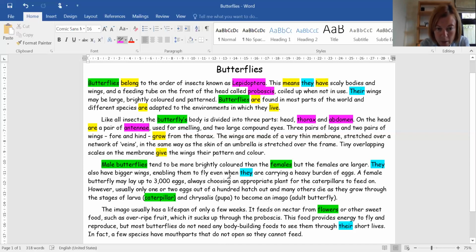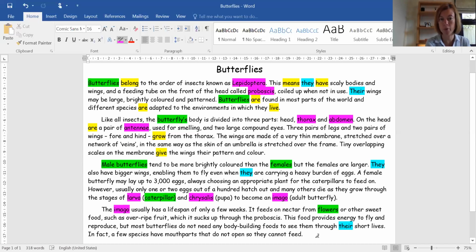I'm going to skip down to paragraph 3. And again, we can see larva, chrysalis. They're not words that we use every day, are they? And they might need some explanation. There we go, and proboscis is there again.